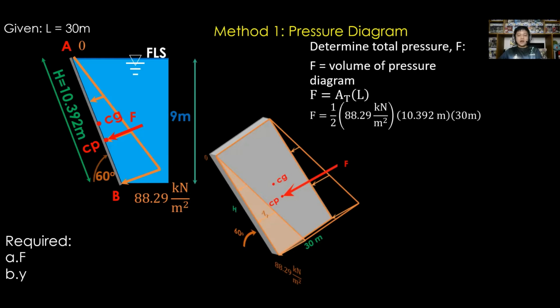And with this area, multiply with the width of the surface, which is 30 meters, the length of the dam. F therefore is equal to 13,763.049 kilonewtons, which is perpendicular to the submerged surface of the dam.